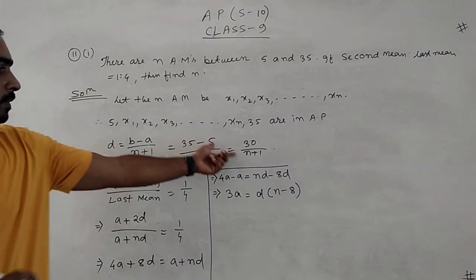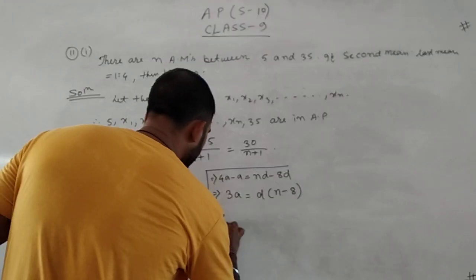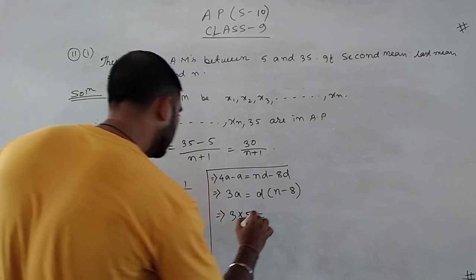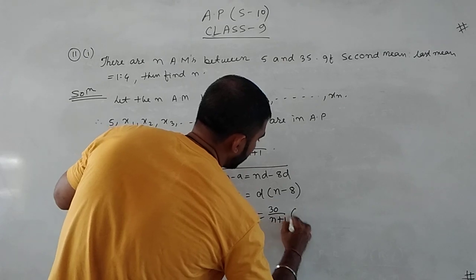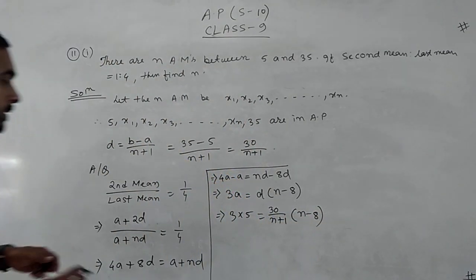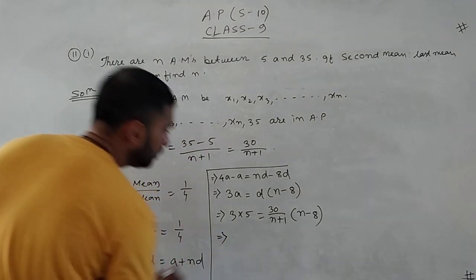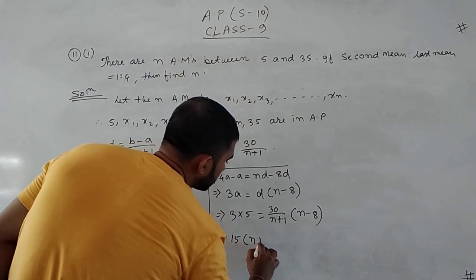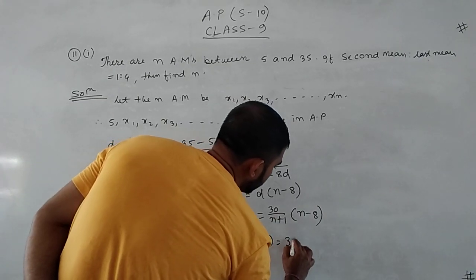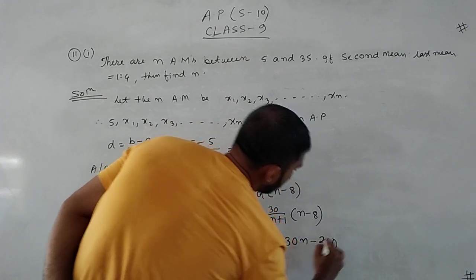D is given, this one is 30 by n plus 1. Now what is A? A equals 5. So 3 into 5 equals D, D equals 30 by n plus 1 into n minus 8. Yes, correct. 3 into 5 equals 30 by n plus 1 into n minus 8. 3 into 5, 15. 15 into n plus 1 equals 30 into n, 30n minus 30 into 8, 240.